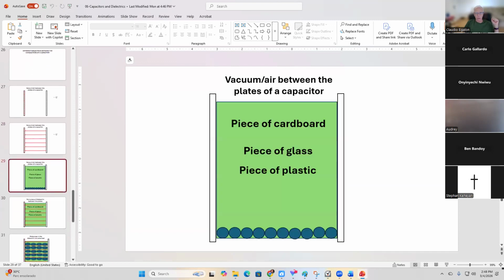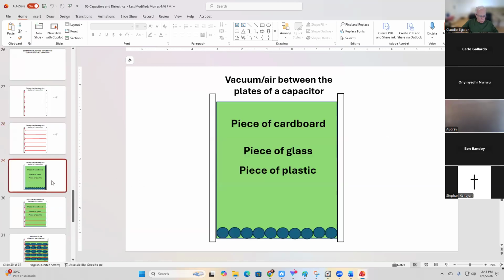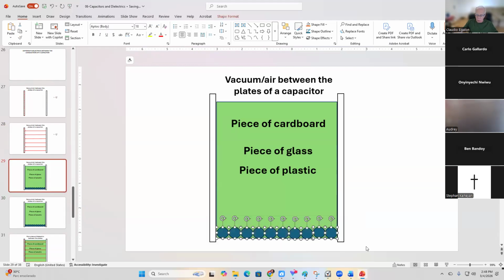Now, suppose that we insert between the plates something else, some dielectric. Can be a piece of cardboard, can be a piece of glass, can be a piece of plastic, okay?